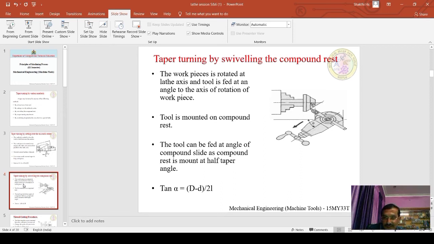This is very important: the tool can be fed at an angle by the compound slide, as the compound rest is set at the half taper angle. The half taper angle is calculated as tan alpha equals (D minus d) over 2L, and this is suitable for very short tapers.